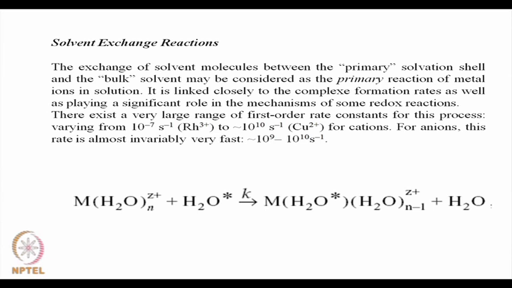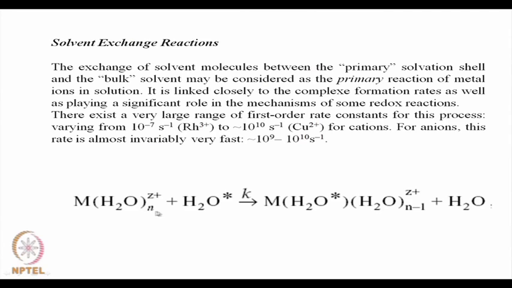Okay. So, the reaction is M(H2O)n^Z+ plus water. The starred water means it is in the bulk water, with a rate constant of k, giving rise to M(H2O)*(H2O)n-1^Z+ plus water. So, this unstarred water is coming out.